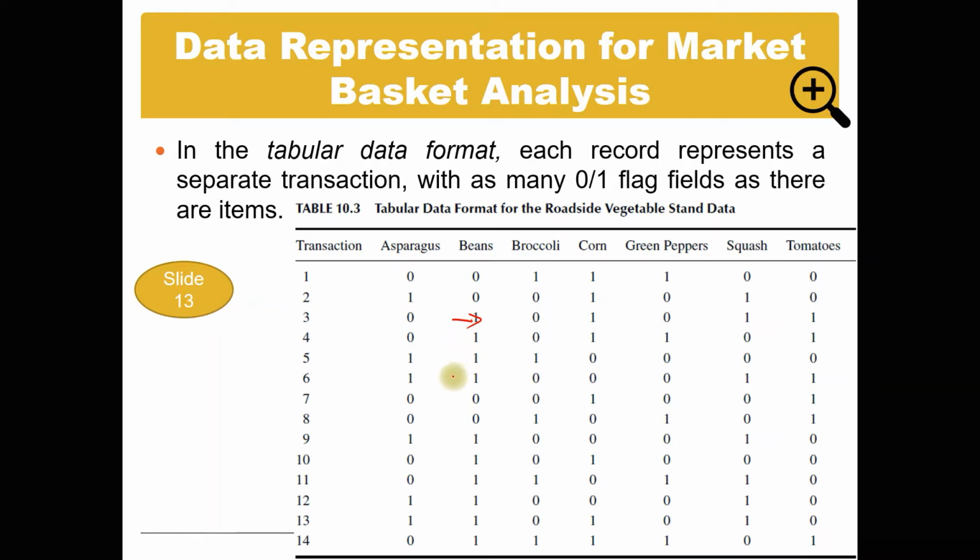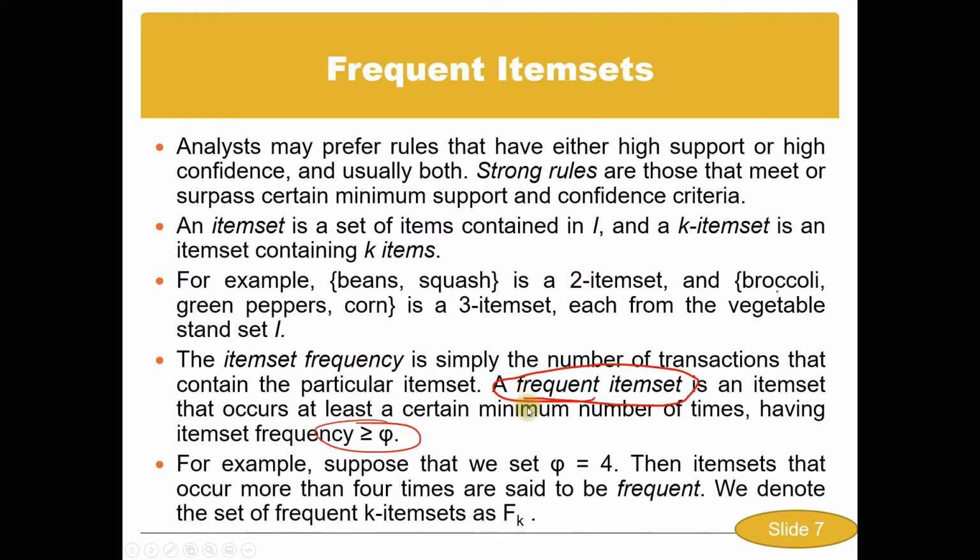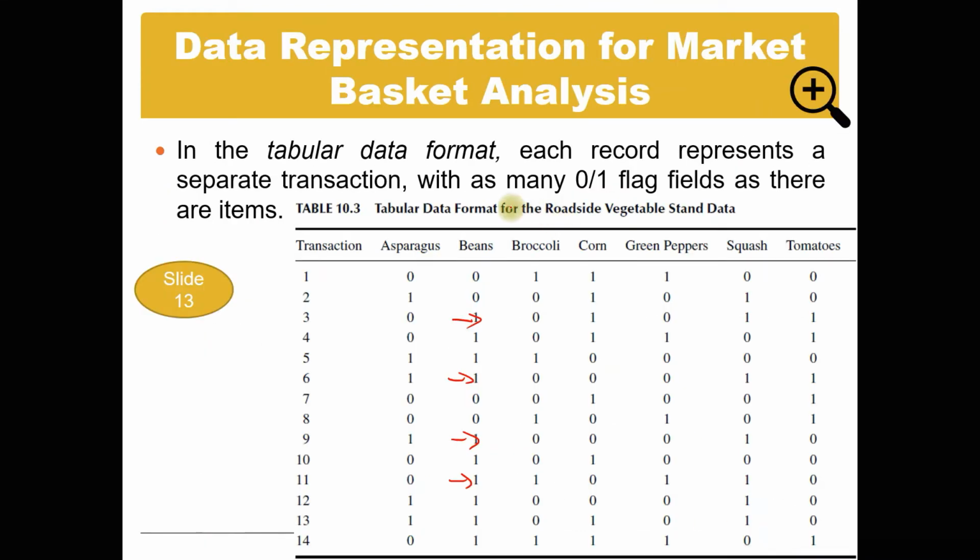Be careful while looking at that. Two times, three times, four times. Bean and squash, right? So we have one time they occur together, 1, 2, 3, 4.